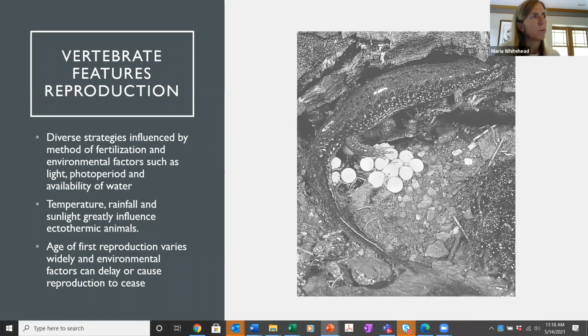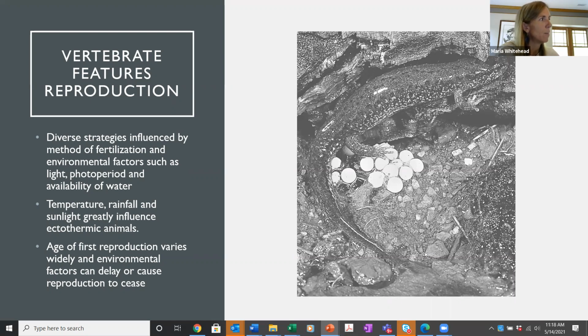Vertebrate reproduction really has its own suite of strategies as well. And they're pretty diverse. They can be diverse by the method of fertilization. Environmental factors such as light and photoperiod and availability of water can dictate the timing and broodiness of organisms to reproduce.